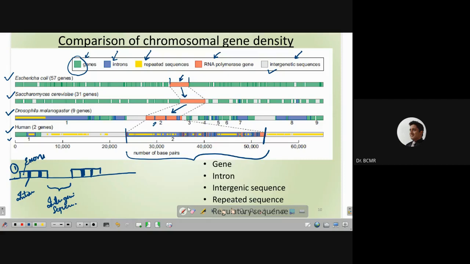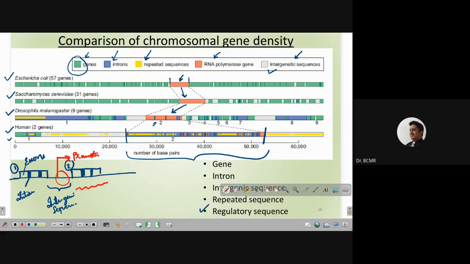I also want to mention one more sequence that I missed, which is the regulatory sequence. If a gene is present, gene 2 here, and it should be expressed, that means it should be transcribed to start with, then you need a promoter, right? Promoter is the region which is recognized by RNA polymerase. It binds to that region and produces RNA.